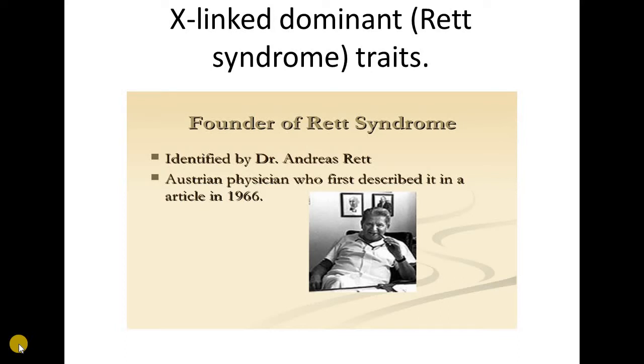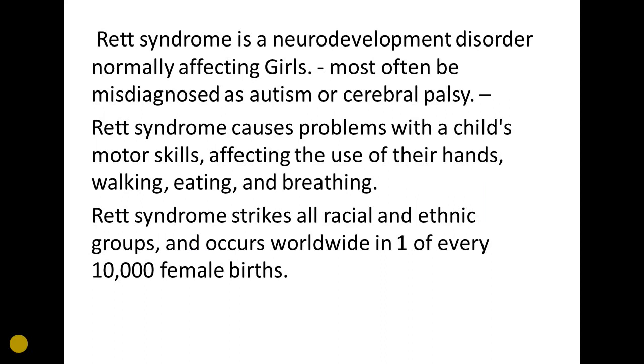It was first found by Dr. Andreas Rett, an Austrian physician, who first discovered it in an article in 1966. This Rett syndrome is a neurodevelopmental disorder normally affecting girls.